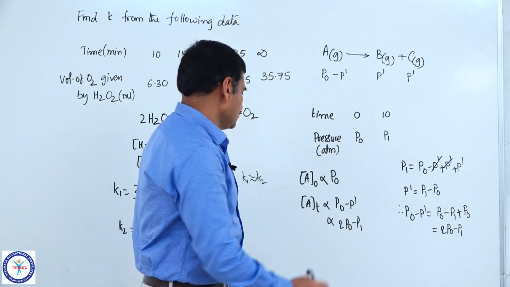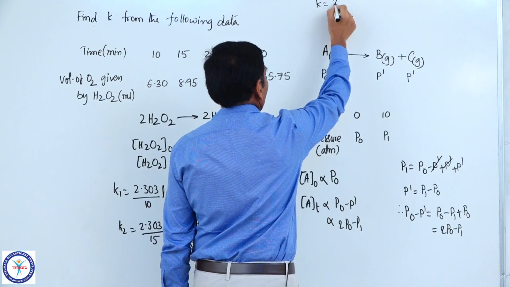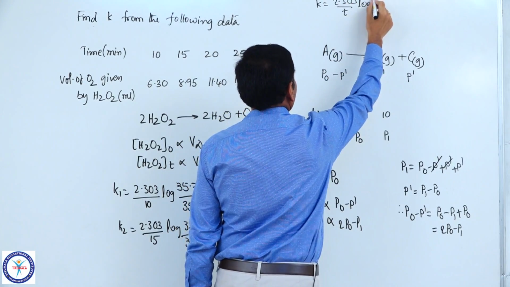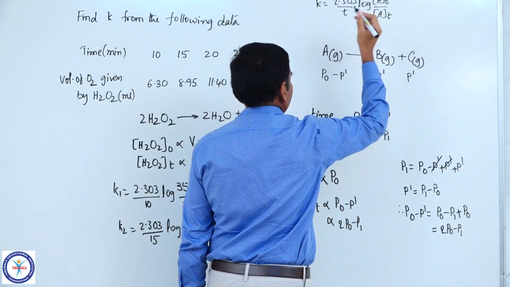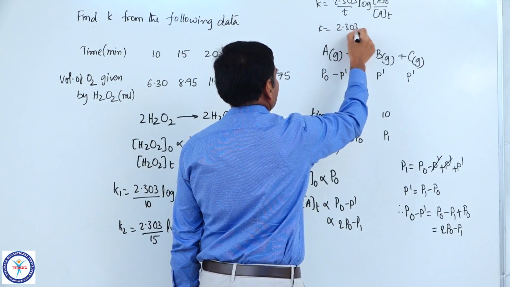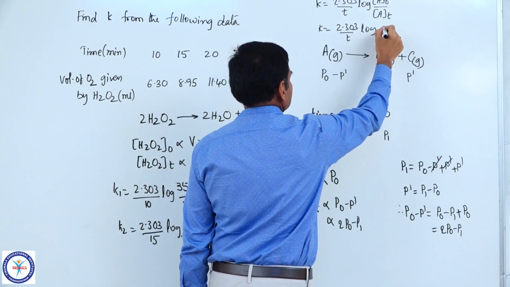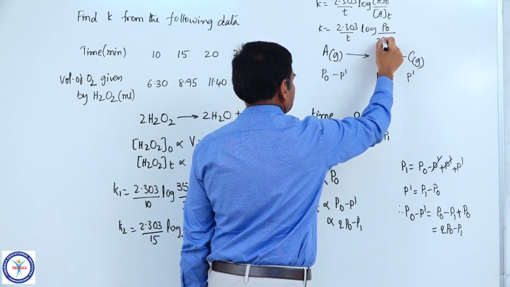You can substitute these in the equation of K equal to 2.303 by t into log concentration of A at time 0 divided by concentration of A at time t. That is K equal to 2.303 by t into log initial concentration, proportional to P naught, divided by 2 P naught minus P dash.